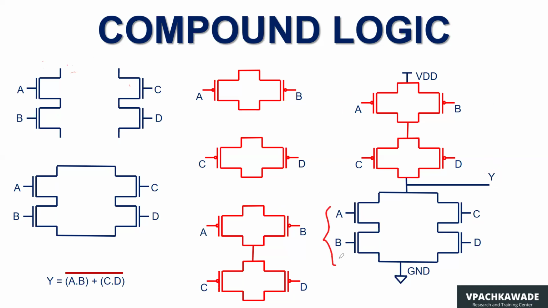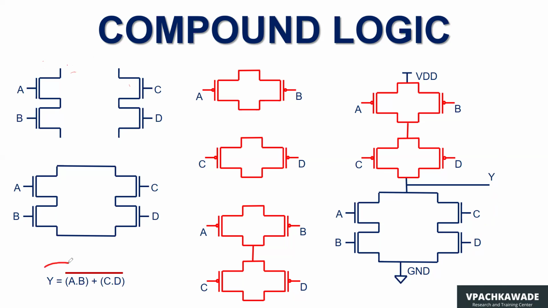And the bottom is basically this logic. So you can see this is a pull-down network. The job of the pull-down network is to connect the output Y to the lowest available supply voltage. So that's the concept of pull-up network and pull-down network. So this is how you can implement this Boolean expression by means of this CMOS circuit diagram.